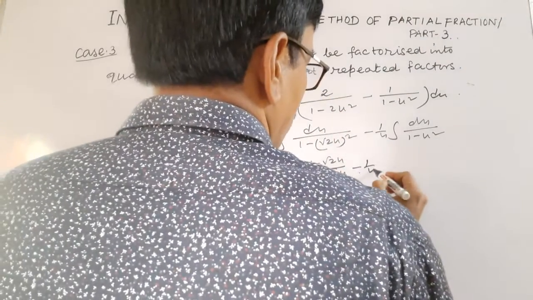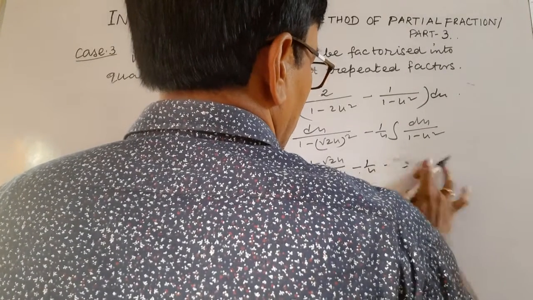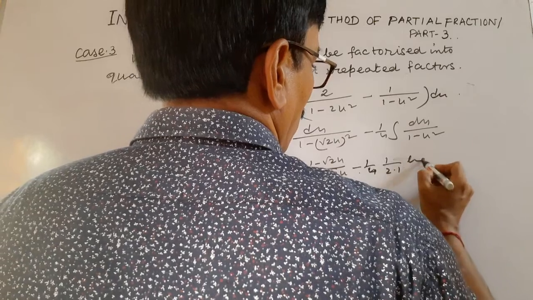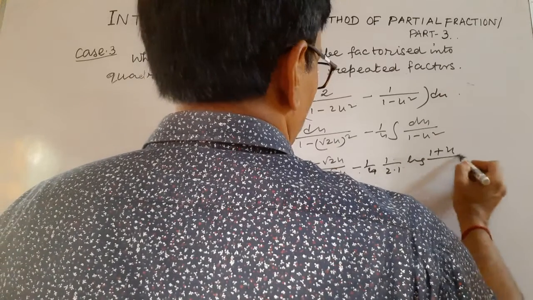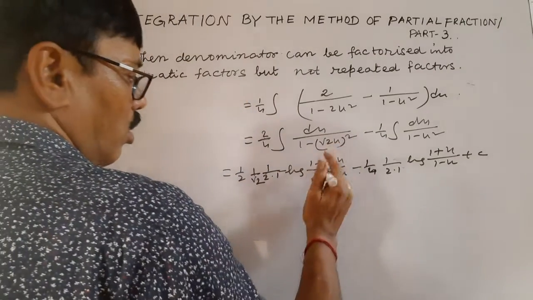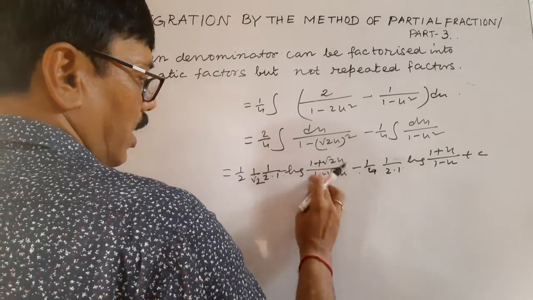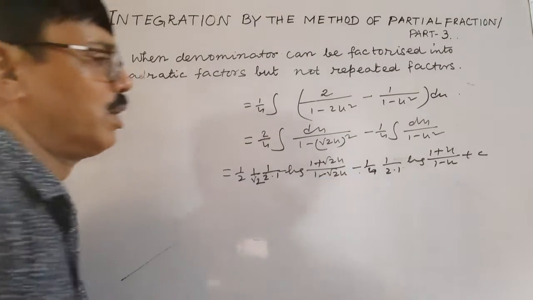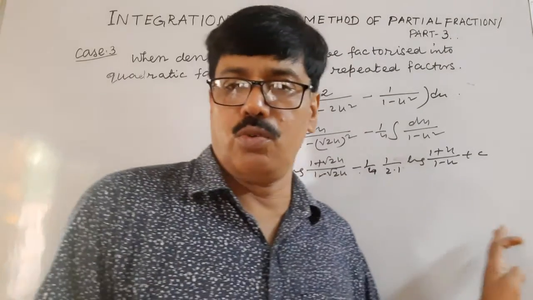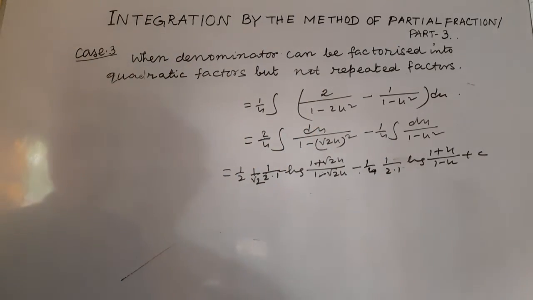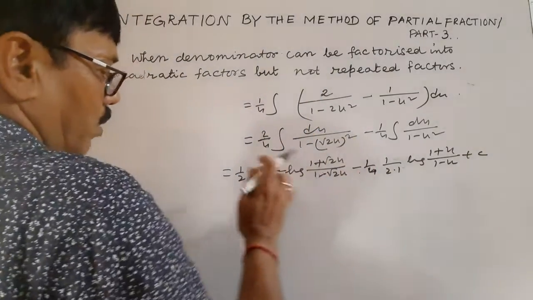This is 1 by 4 log, 1 by 2 into 1, log of 1 plus u by 1 minus u plus c. Sorry, this will also be 1 plus x by 1 minus x. So putting the value of u for x, we get the value of the integral. Mind it is 1 by root 2.